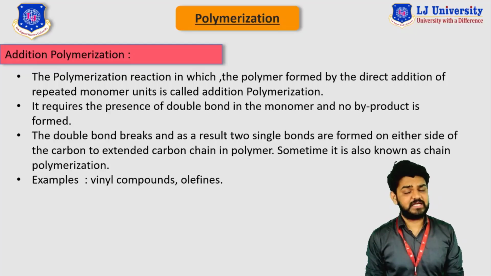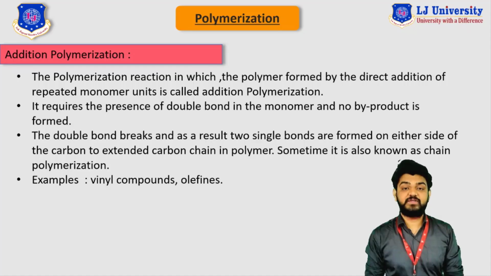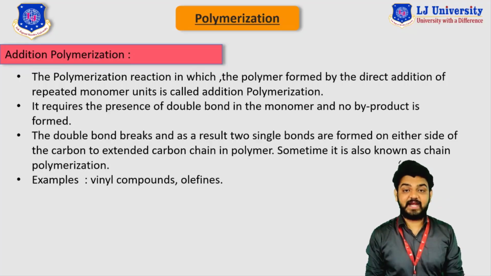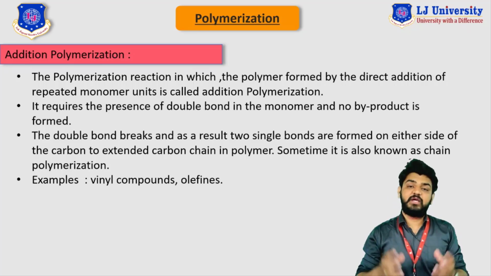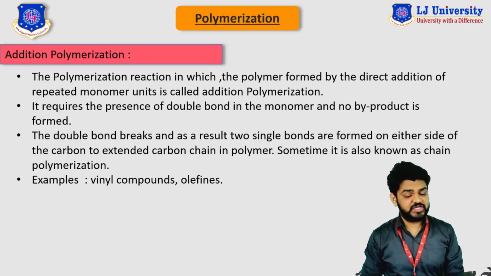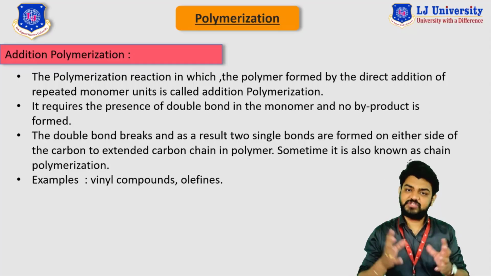We have already seen addition polymerization can be termed as direct addition of a single or more than two monomers on a repetitive basis. So we can say that addition polymerization is simply addition of monomer in a repetitive fashion. We have seen that this can only be done with a double bond or triple bond. It can also be done with a functional group, but that is the exceptional case.